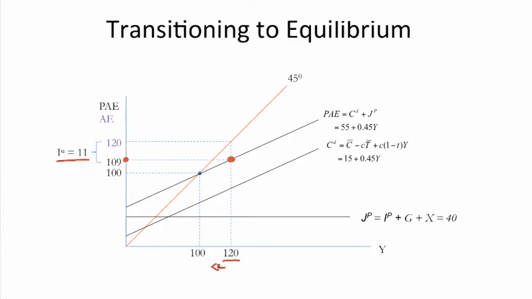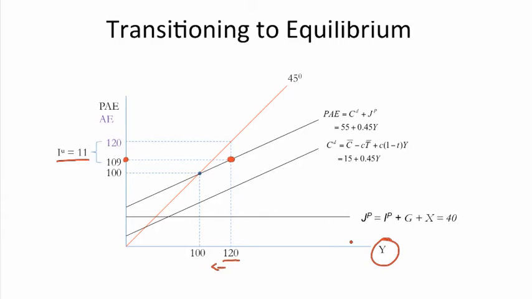They've taken this as a signal they've overproduced, so they cut production. Remember, production and income are the same at this aggregate macroeconomic level. A decision by firms to cut production means this economy's GDP will fall, this economy's aggregate income will fall.